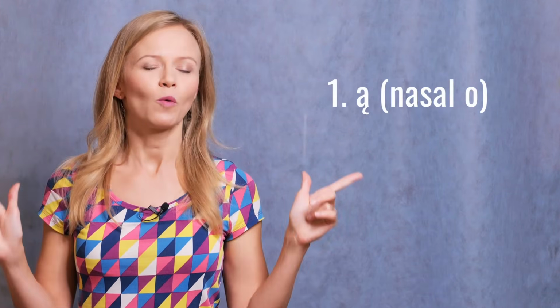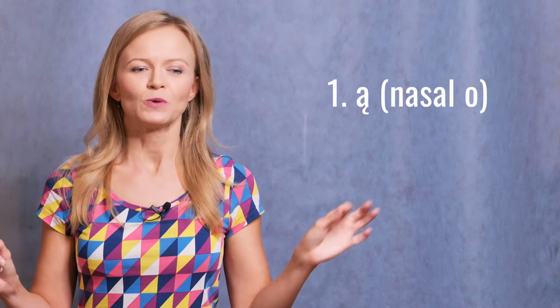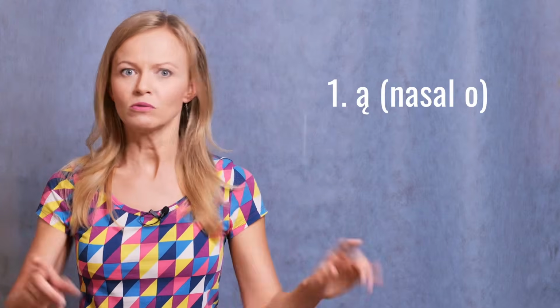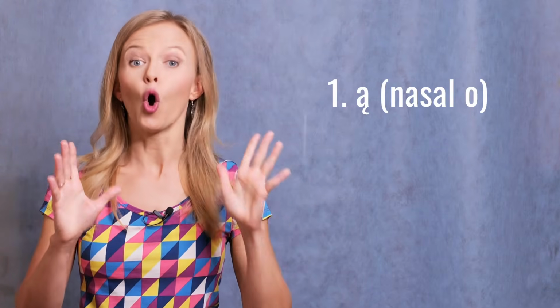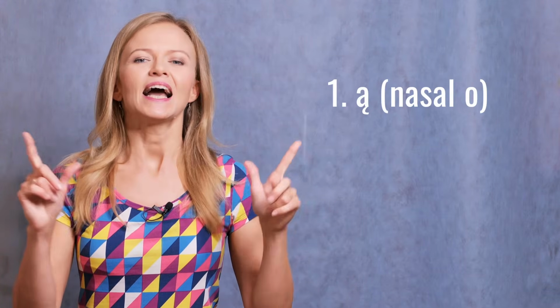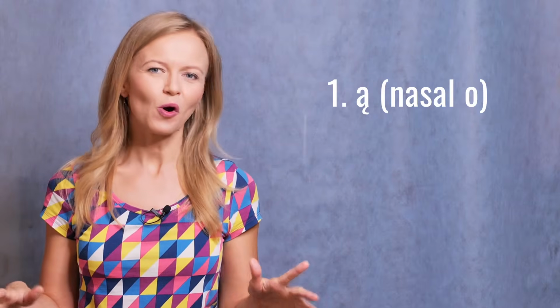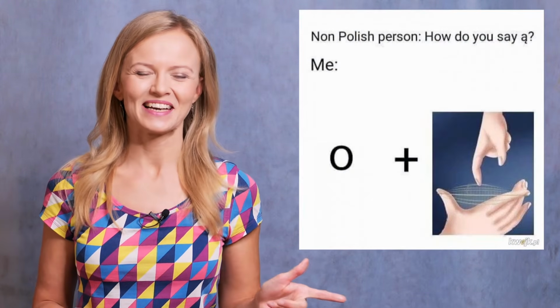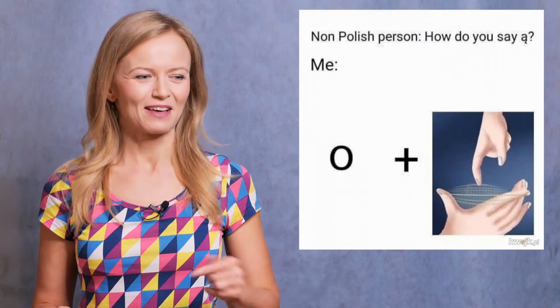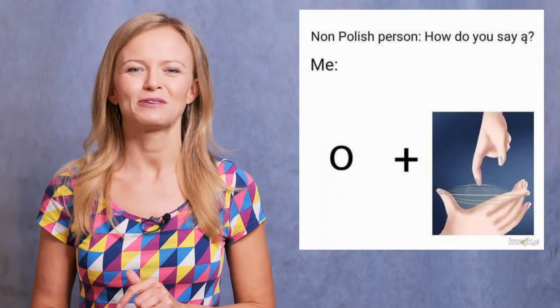So one way of pronouncing this letter is to say O, not A, but O, and add a nasal sound. And this is on. Once I found this on the internet and I think that's very nice and very funny.